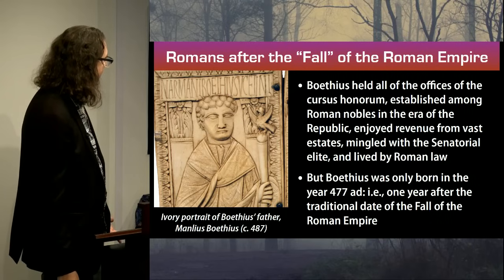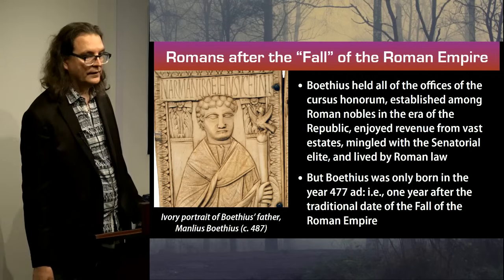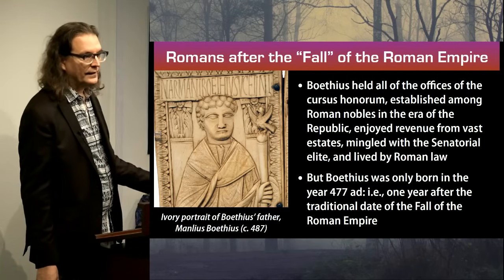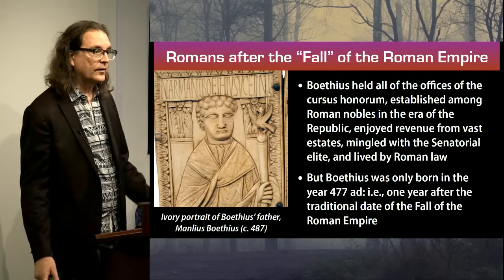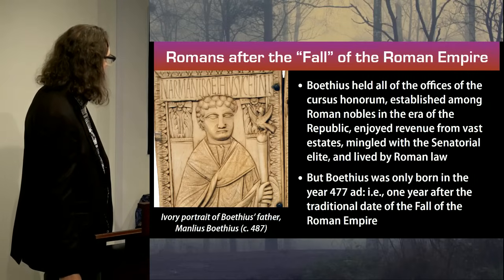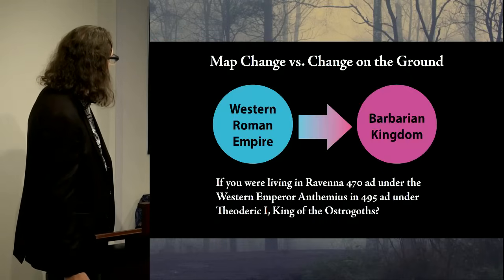And yet the guy's born in 477, in other words, 1 year after the date of the traditional fall. So in many ways, what he's doing in his life shows there's not a lot of fall around him as far as he can tell. There's been a lot of things that have happened in centuries, but in many ways, there's a lot of continuity that is ongoing after the fall.